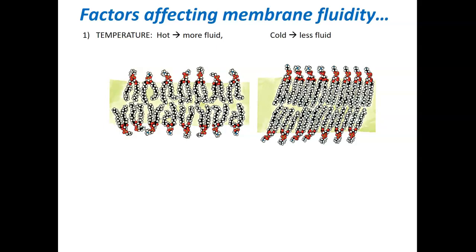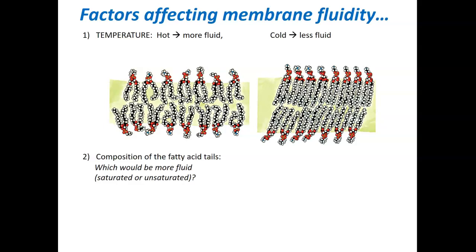And you know this from working in the kitchen. If you were to take something like butter and put it into a warm pan, eventually that becomes liquid, right? Or even coconut oil, for instance. So increase in temperature is going to make that phospholipid bilayer more fluid, and putting it in a colder environment is going to make it more rigid and less fluid.